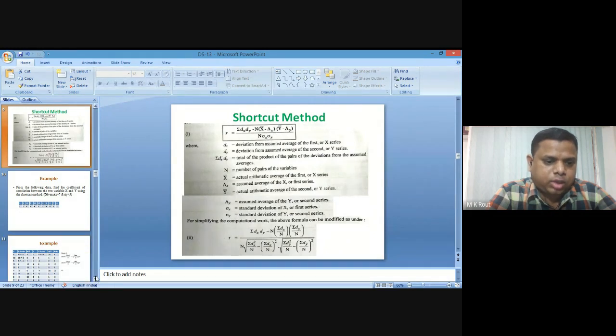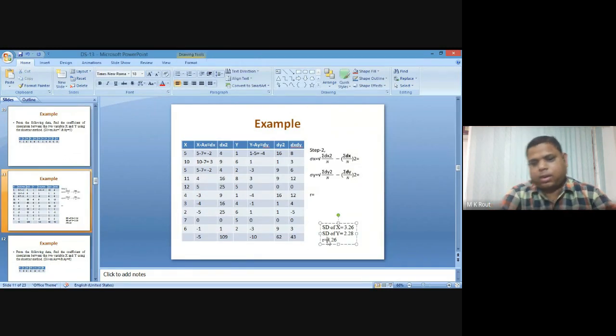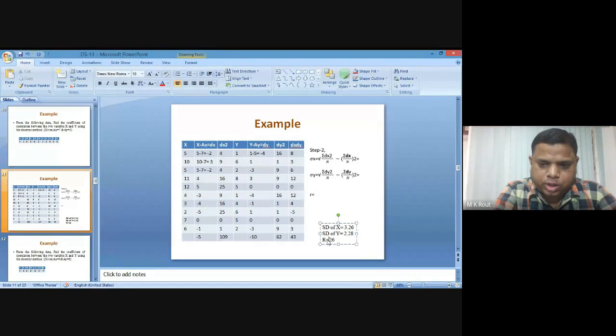If you calculate that, what is the final answer for R? I got the answer 0.511. Others are still calculating. Let's wait for others.